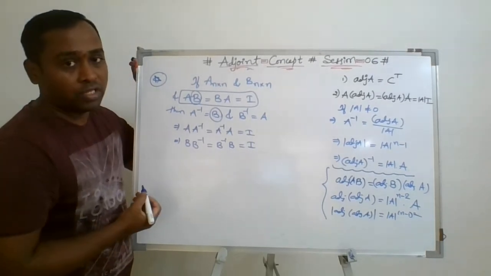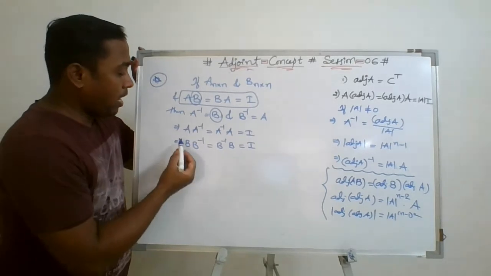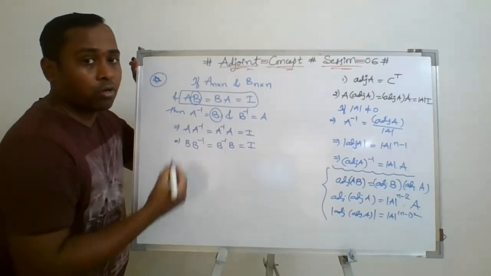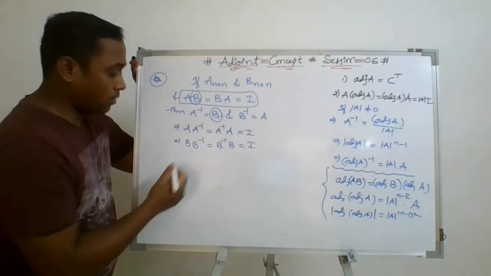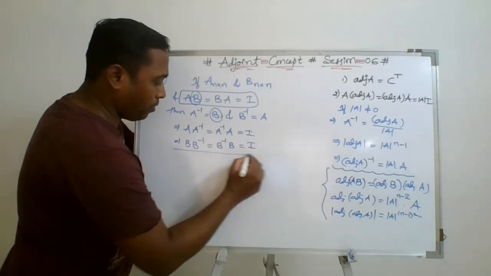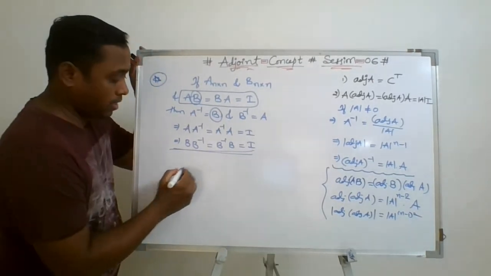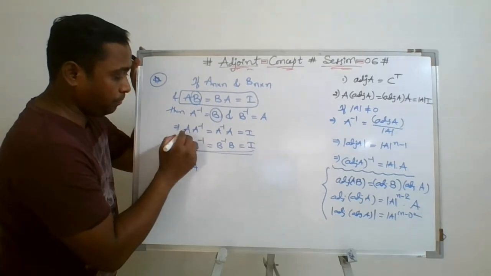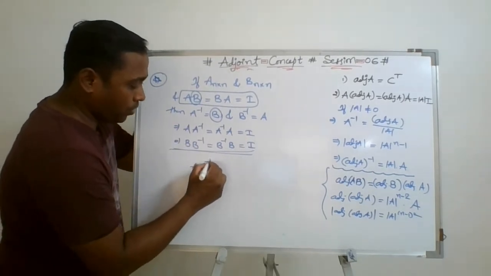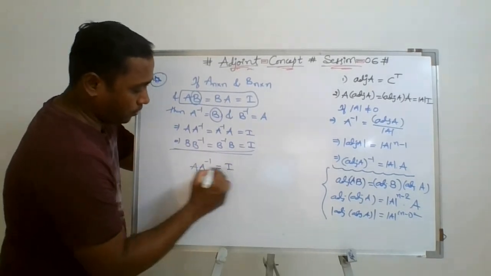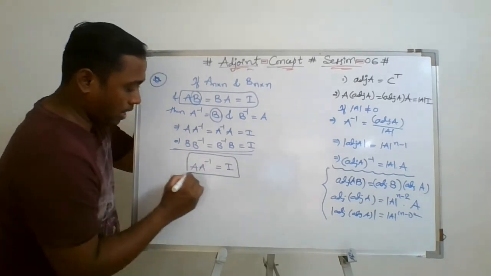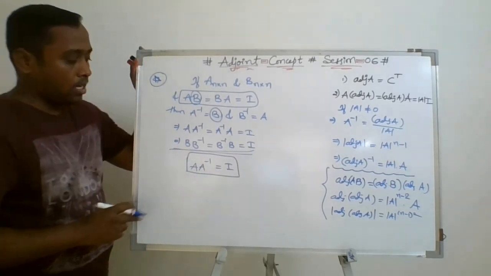Now what is the use of this discussion? I am taking this result to derive a few important results. So by keeping this in your mind, I am taking the first result: A into A inverse is equal to I. Already we have discussed this.